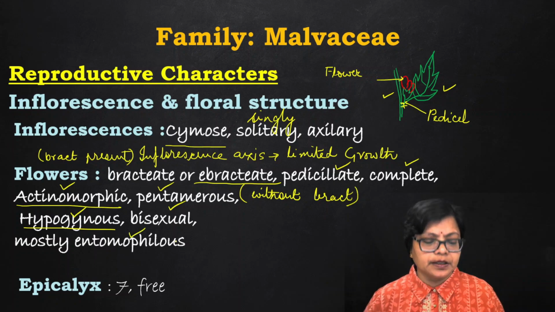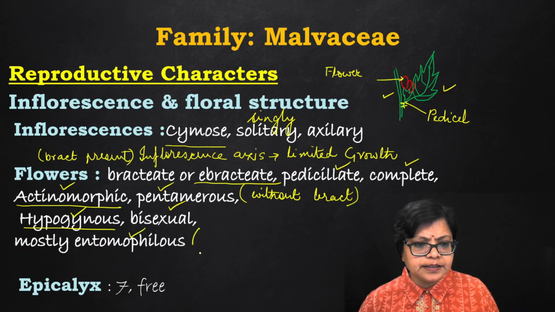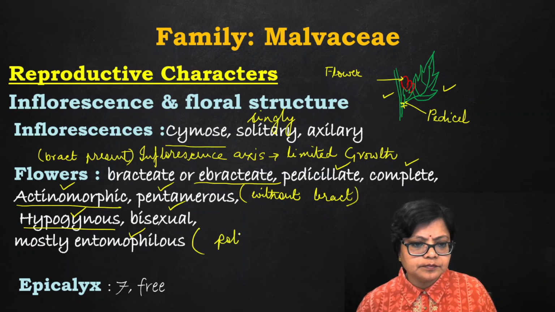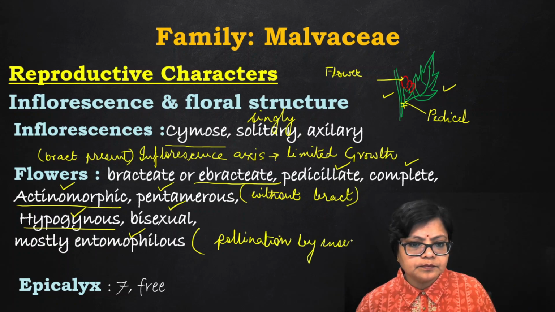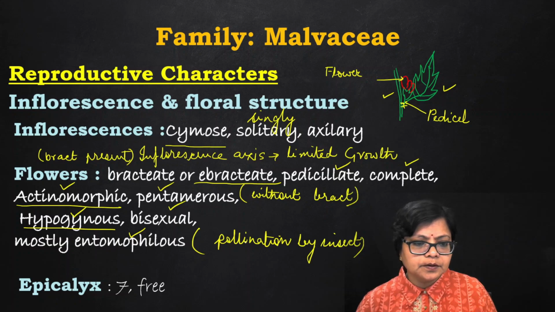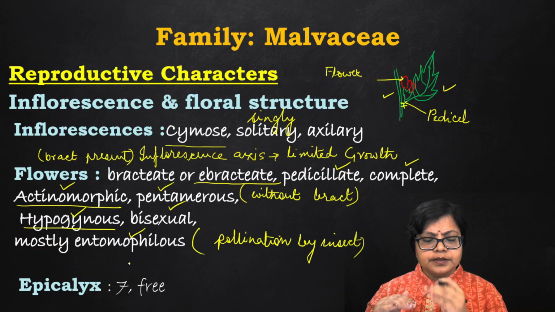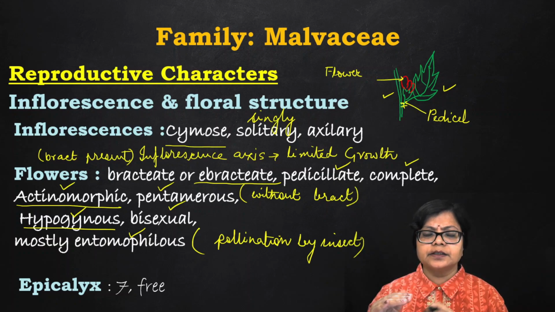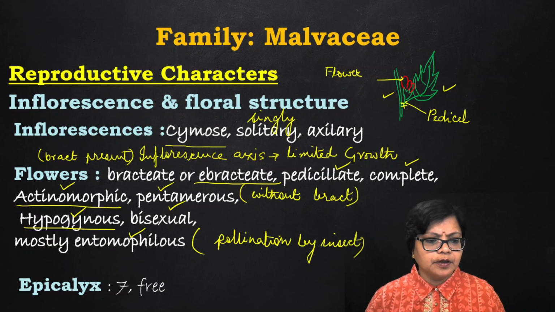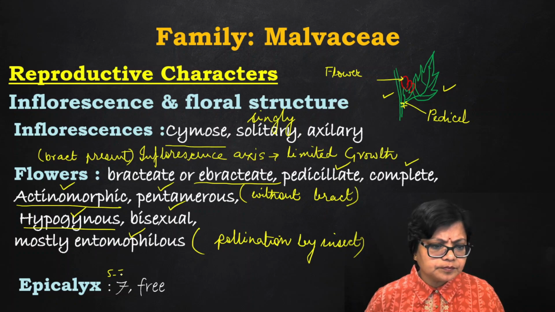Mostly entomophilous means pollination by insect. Epicalyx means in some members below the calyx leafy structure develops, which is known as epicalyx. In this case the number may be 5 to 7 and they are free from each other.